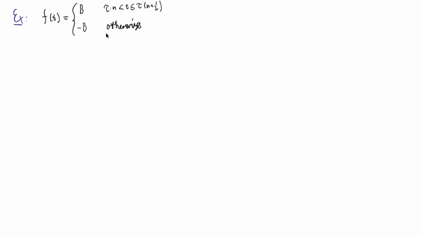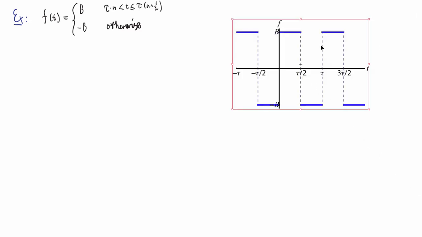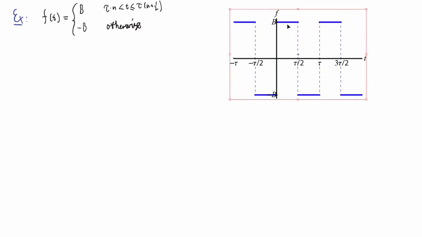So regardless of whether this makes sense to you or not, if I plot it like this, it should be quite clear what it actually looks like. So it's equal to b for half the period, and then minus b for the second half of the period, and then that repeats.